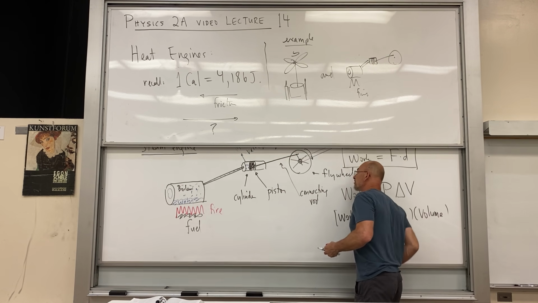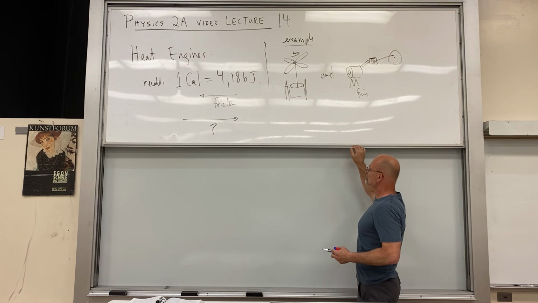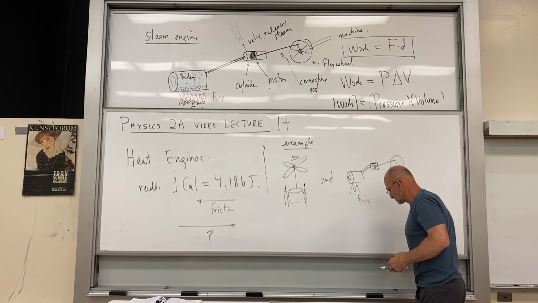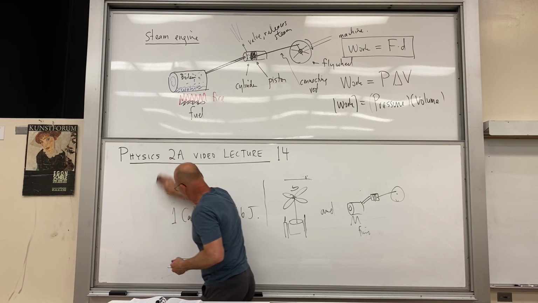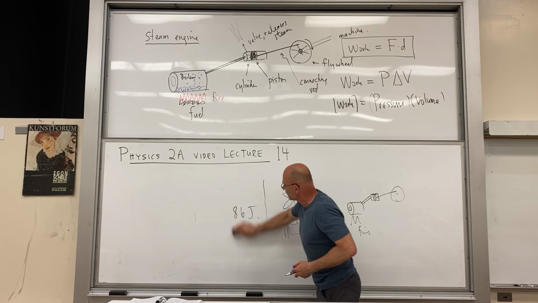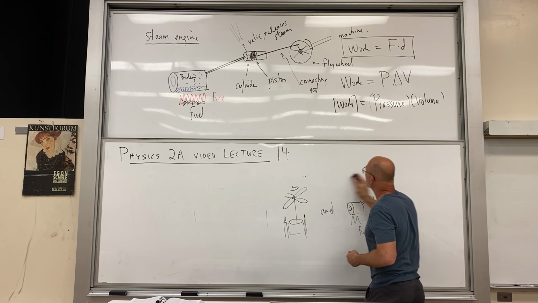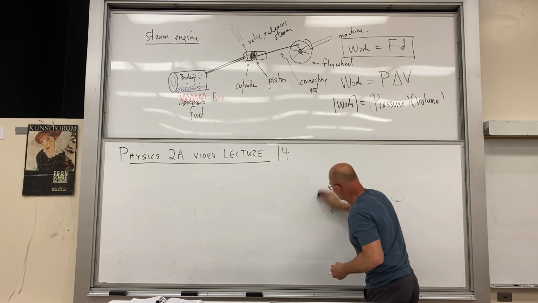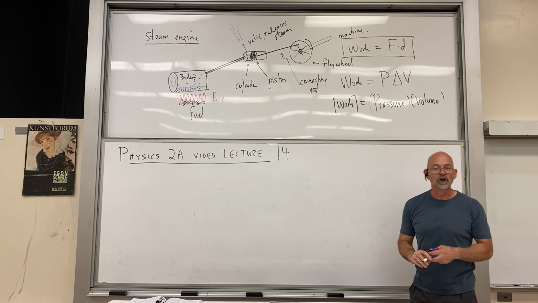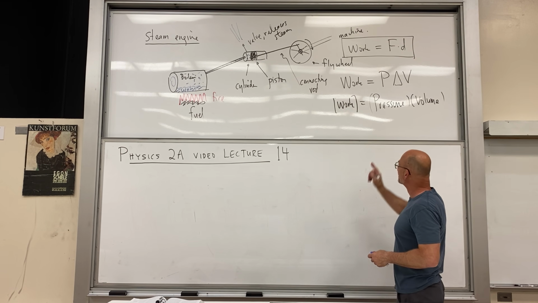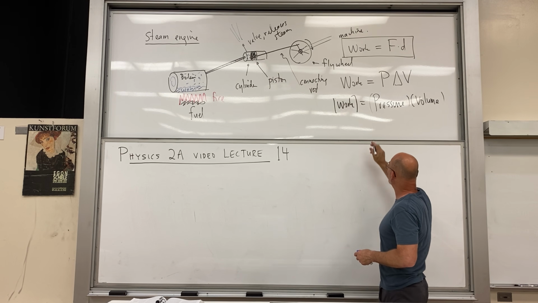Okay, let's send this on. And there's a section on pressure and volume diagrams that we're not going to go into in detail, but this is a great place to talk about it briefly.